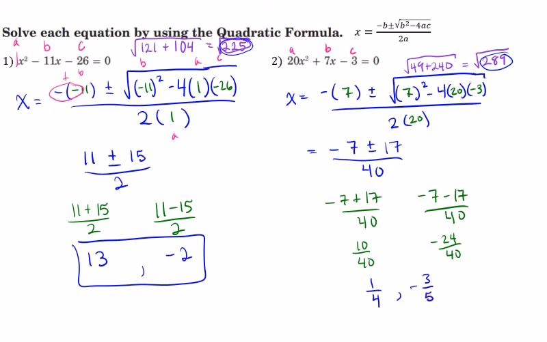Okay, so those are our two answers. That's how we use the quadratic formula. It's pretty straightforward, right? You don't have to think about it too much. Once you get one side equal to 0, identify A, B, and C, plug them in, and then work it out and see what happens. And we notice, once again, when the discriminant's positive and a perfect square, we end up with 2 real and rational roots.